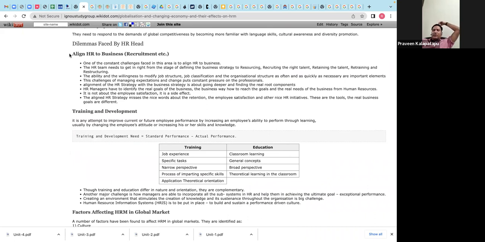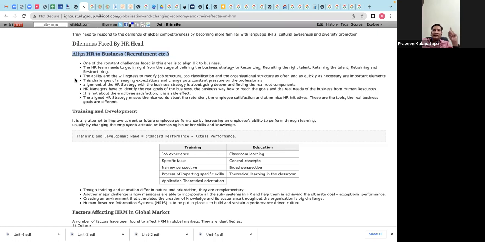Obviously, we read in strategic HR management that alignment to the strategy from the HR point of view is very, very critical. So you need to align it at every stage, right from defining the strategy to resourcing the right talent, retaining the talent, retraining, restructuring.